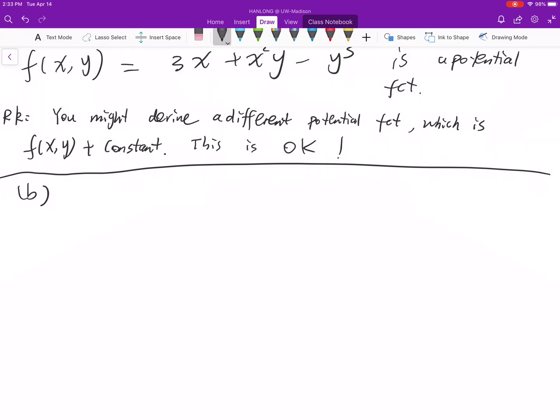Okay, now let's look at B. Then B is easy. No matter what curve C you have, you just use the generalized Newton-Leibniz formula.